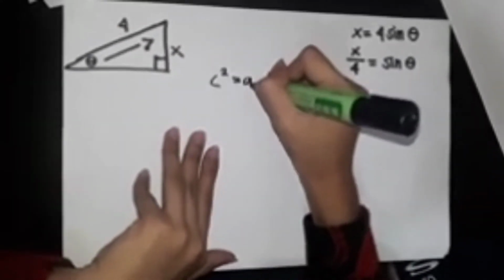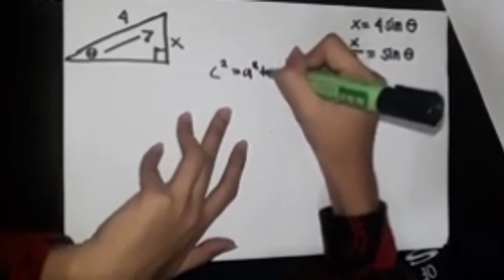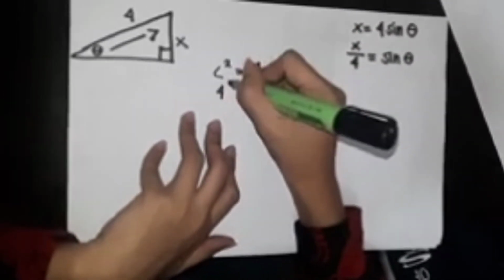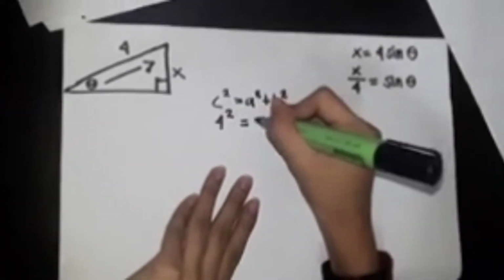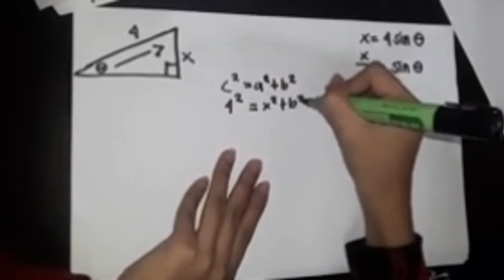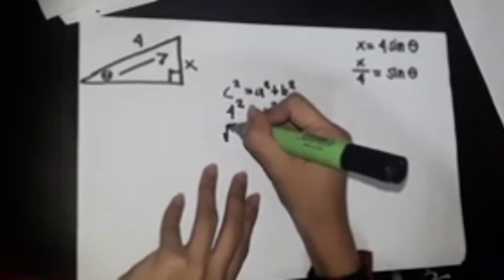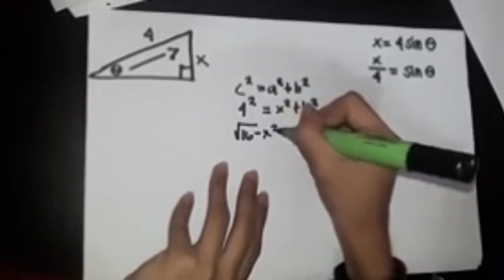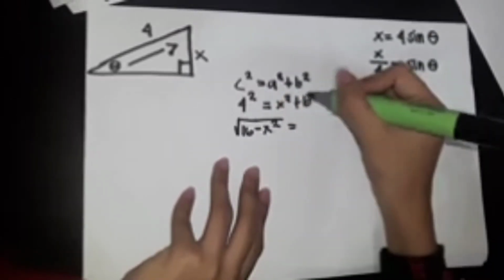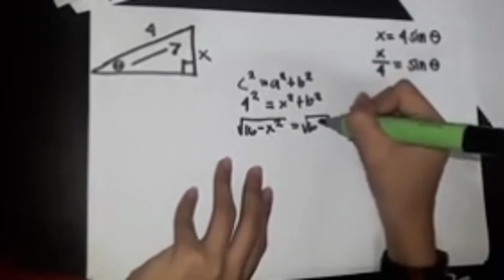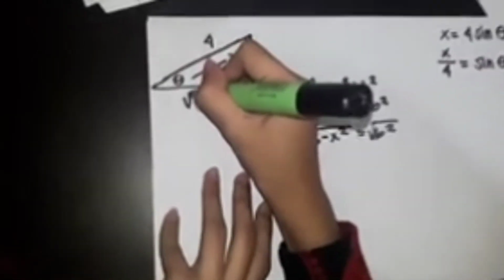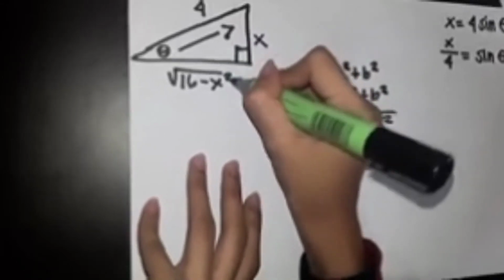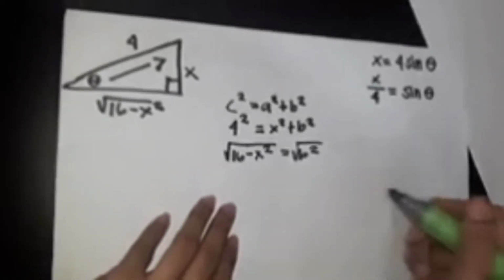So, we can now use the Pythagorean theorem. So, c squared equals a squared plus b squared. So, 4 squared is equal to x squared plus b squared. So, the square root of 16 minus x squared is equal to the square root of b squared. So, let us put the missing term, which is the square root of 16 minus x squared.